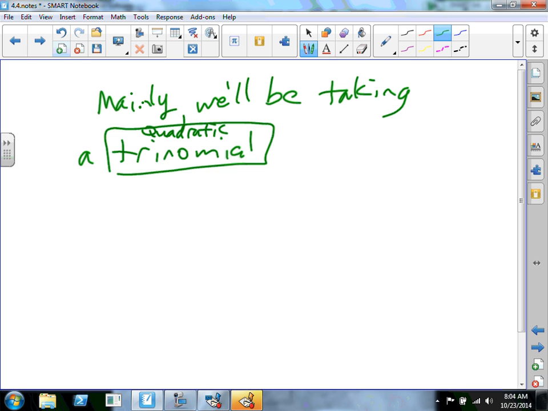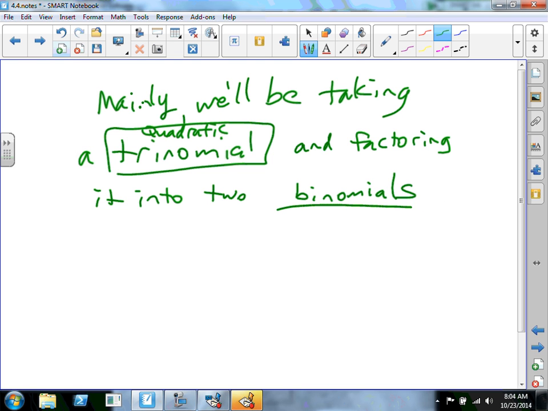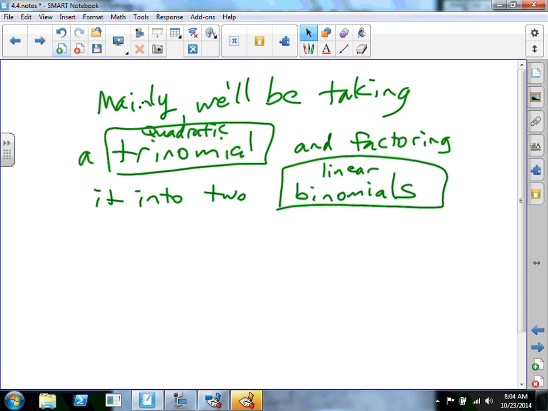So we're going to be taking a quadratic trinomial and factoring it into 2 binomials. And those binomials are going to be linear, and that's the main thing that this section's all about, taking a quadratic trinomial and factoring it, or dividing it, or breaking it down into 2 linear binomials.